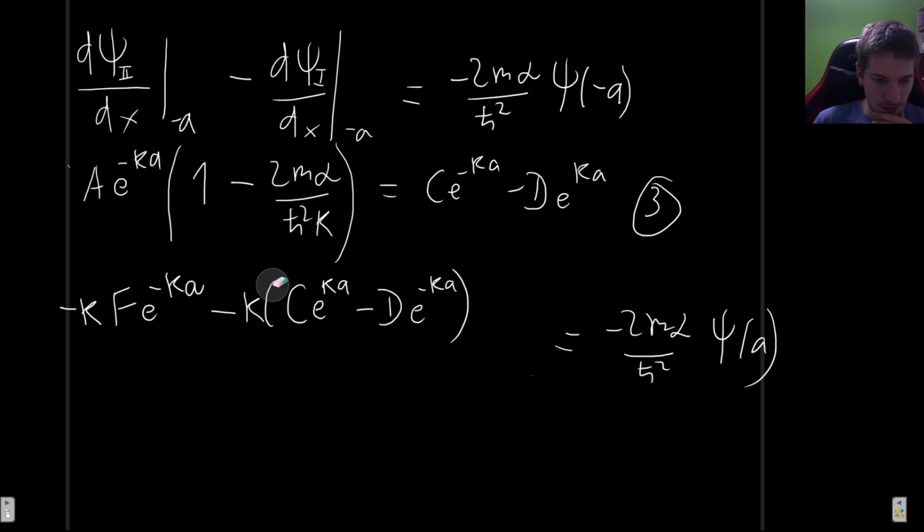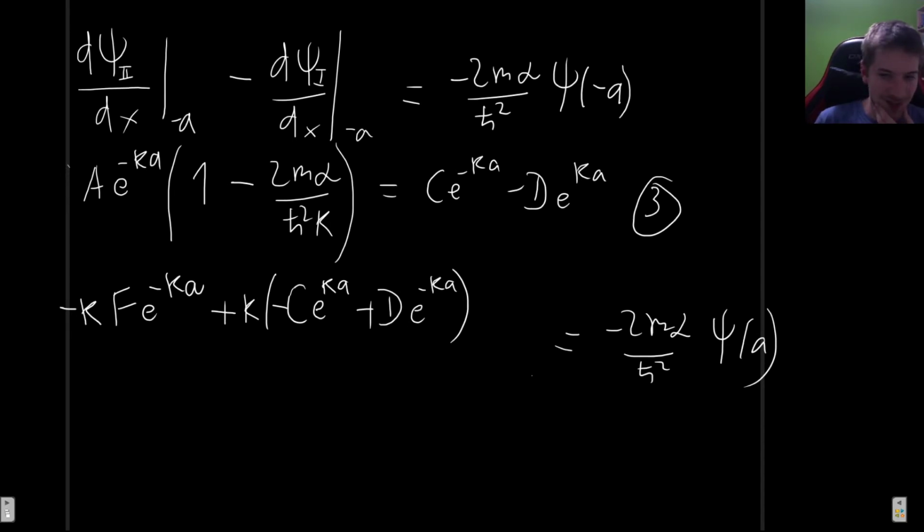So now we can just let this minus inside. Actually, the parentheses is fine. I'm just going to leave the k outside, but the minus sign goes in. So I had a minus sign. Yeah, this right here is minus, and this right here is plus. That's the way it goes. So we get d e to the minus ka minus c e to the ka.